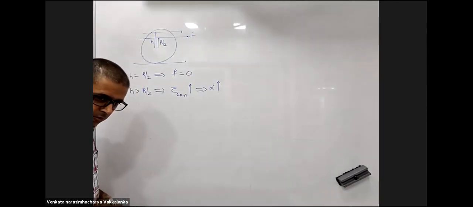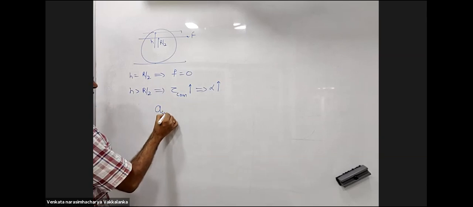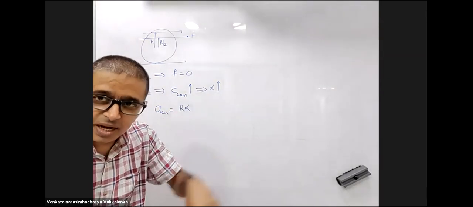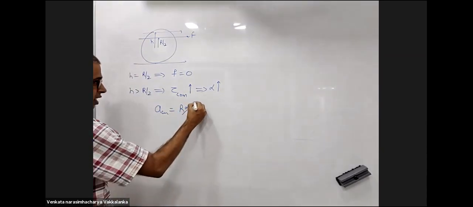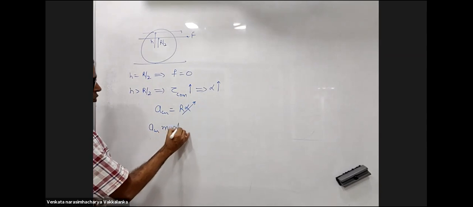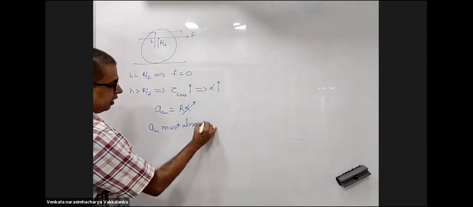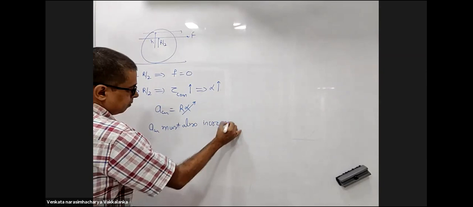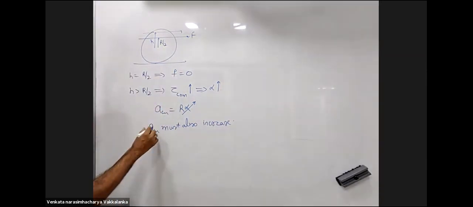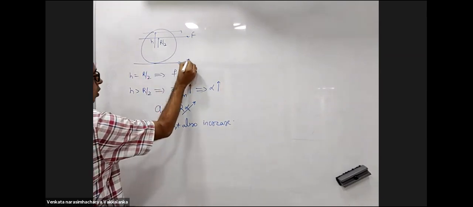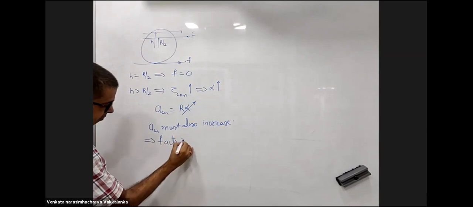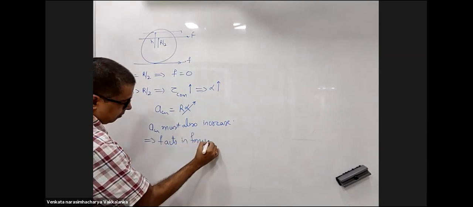For the relation a_cm equals R alpha to sustain, if alpha increases, a_cm must also increase. a_cm increases only if friction acts in the forward direction.